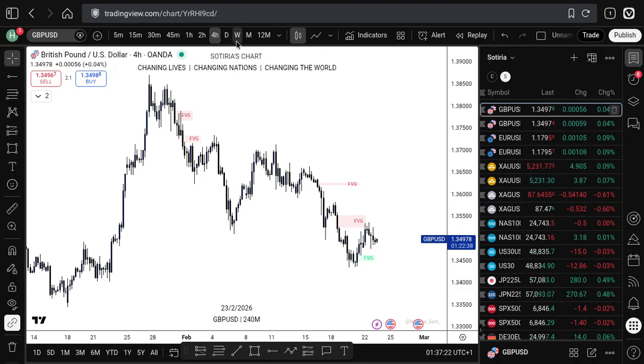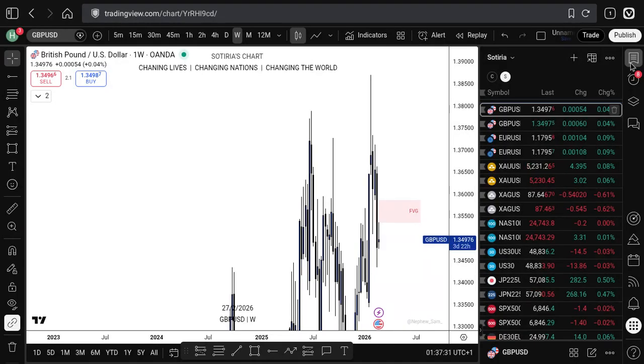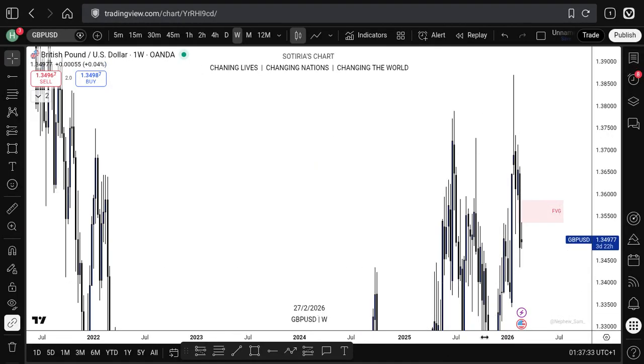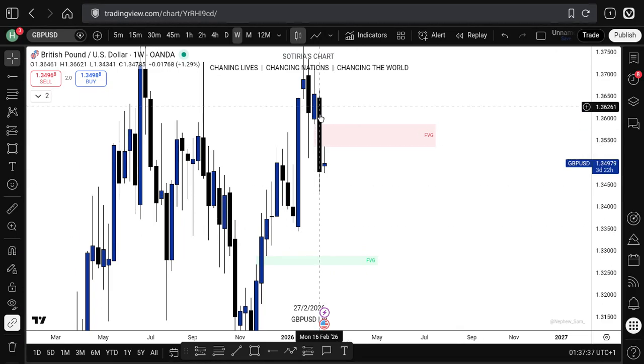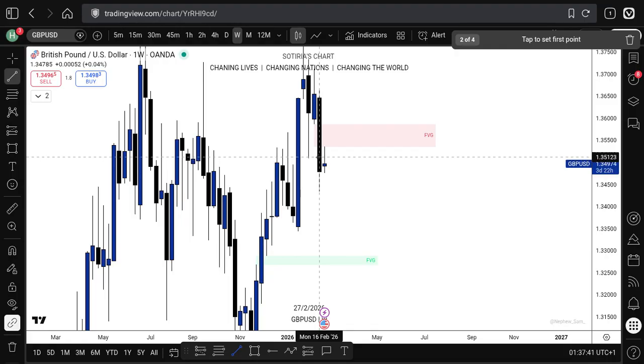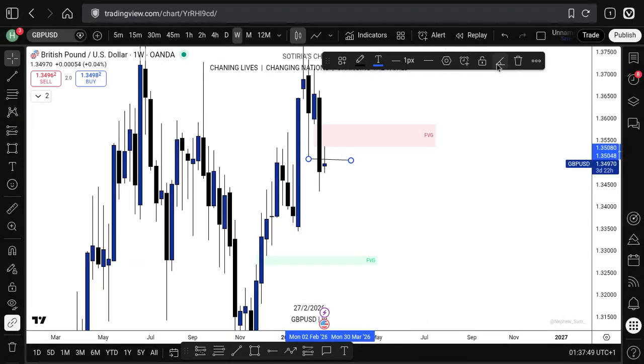Now on GU, we can see from the weekly time frame, following our monthly bias of a bearish structure, that price had a very strong bearish close last week, and from that, price created a breaker block.